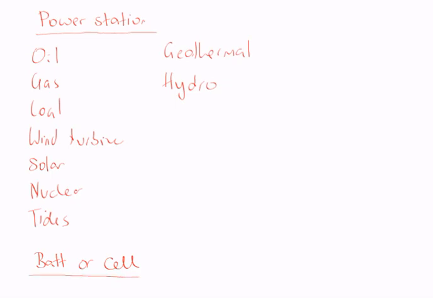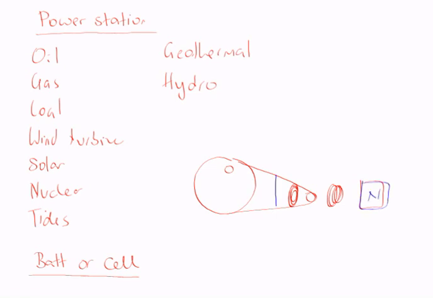Now, in class we looked at the idea of a generator. So we looked at a handle you turn and it had a little belt attached to some coils of wire that rotated inside a magnet. So these things rotated like this. Those coils rotated in a magnetic field, and that created some electrical energy which could then create a current to make a light bulb go.